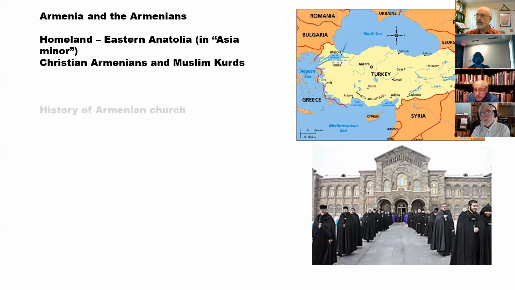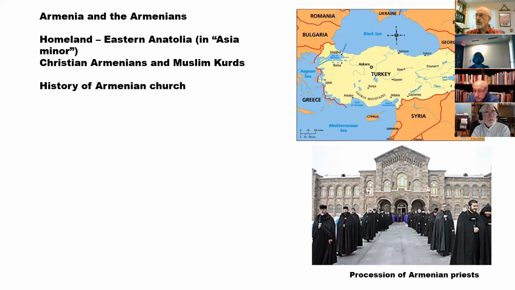Here is the Armenian church. I'm not sure whether it's Georgia or Armenia that claims to be the first national Christian church, but here's an example. Armenian priests are very important in Armenian culture at this time.